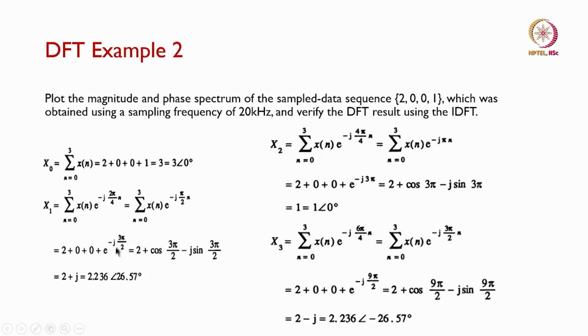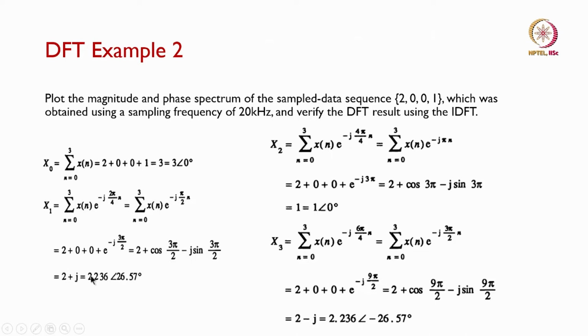If you substitute for e power minus j in cos and sin, you will see 2 plus cos 3 pi by 2 minus j sin 3 pi by 2. So you get 2 plus j, where the cos term is 0 and the sin term is minus 1, so it will be 2 plus j.